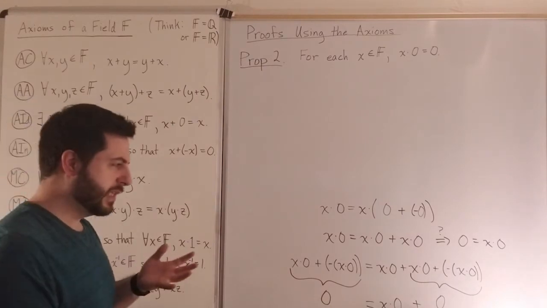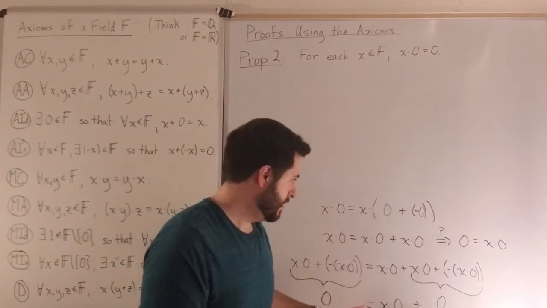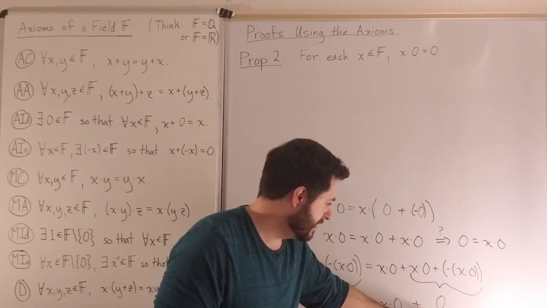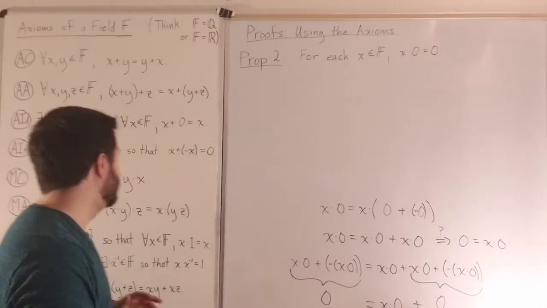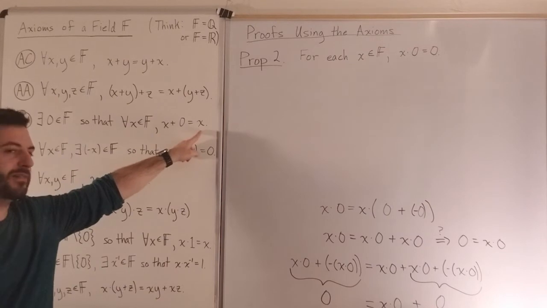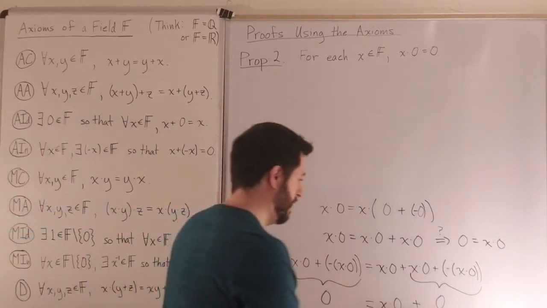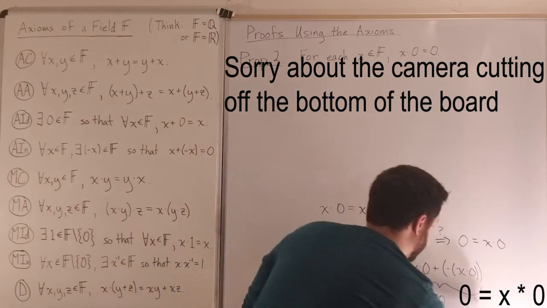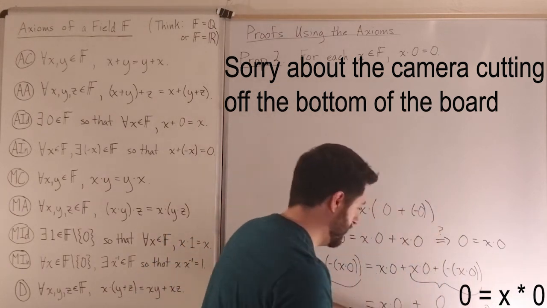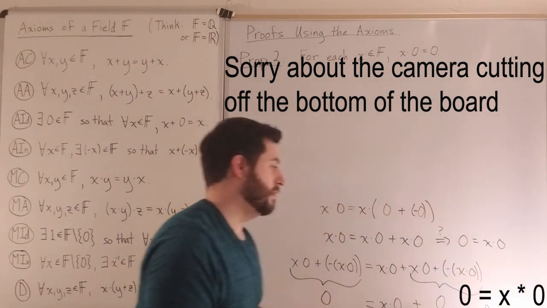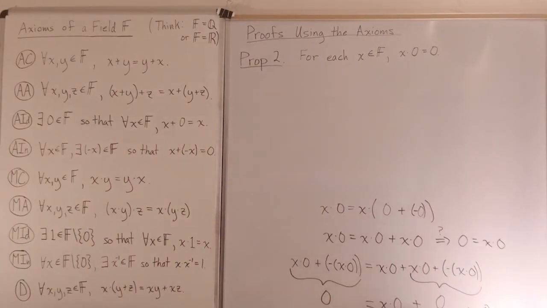Okay, and that's almost exactly what we want. We're trying to get to 0 is equal to x times 0. And we have this extra plus 0 on the end, but 0 is this special number that whenever you add it to some x, you always get the x. Okay? So this is going to tell us that 0 is equal to just x times 0. The plus 0 can just be left off.